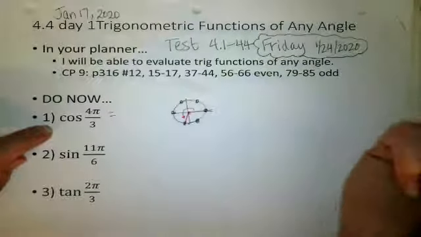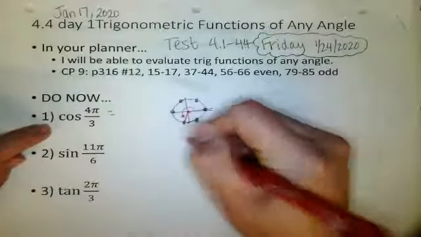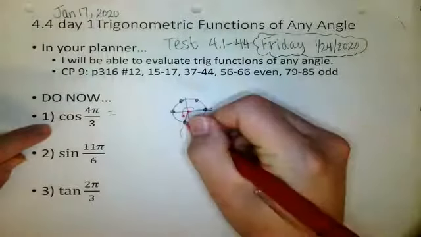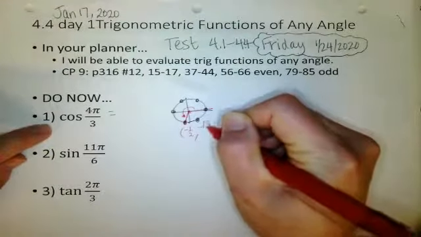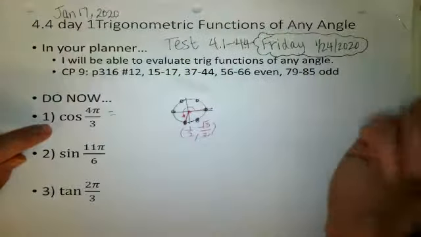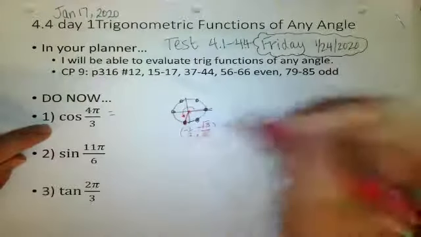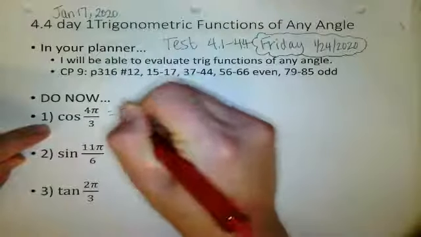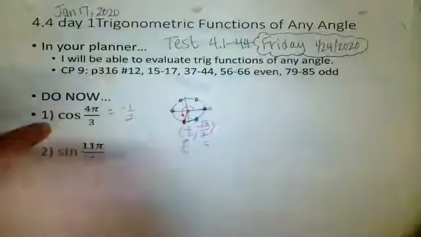And can you envision the little legs of that triangle? We have a short leg and a long leg. So what is this ordered pair? Negative 1/2 and negative radical 3 over 2. Very good. And so the cosine at this angle would be negative 1/2. Okay. The ordered pairs, alphabetical, cosine, sine.